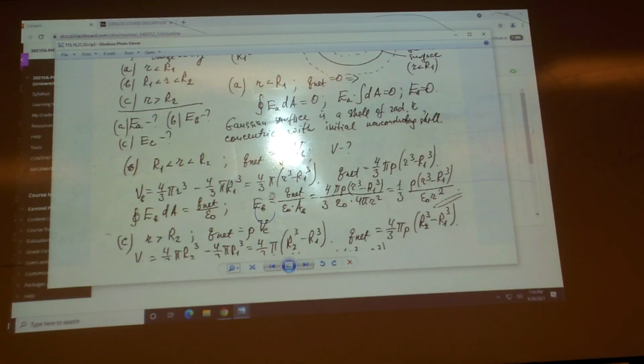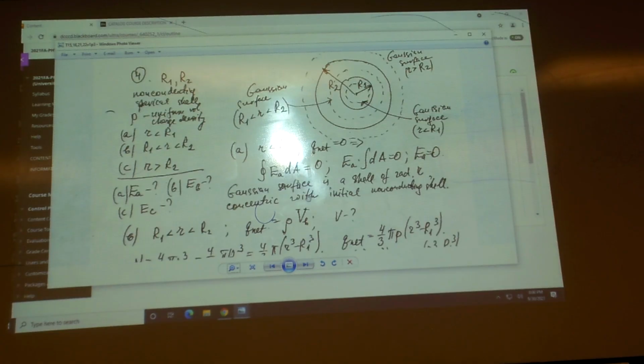Now a little bit more complicated inside of the shell itself, between inner radius and outer radius. What makes it complicated is that we need to find what charge would be inside of certain Gaussian imaginary surface, how much charge is sitting there, because charges spread uniformly.